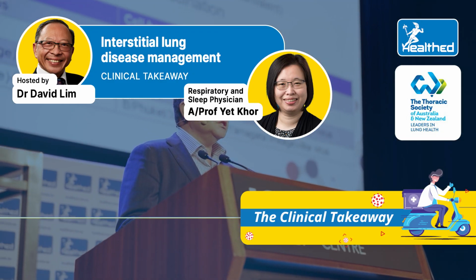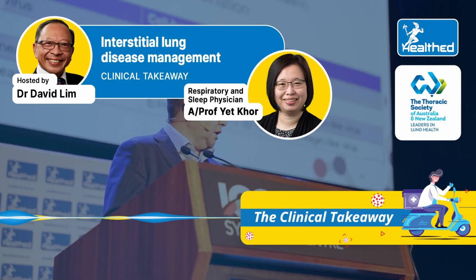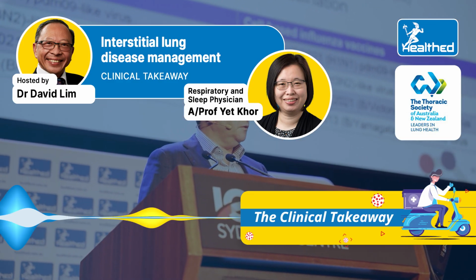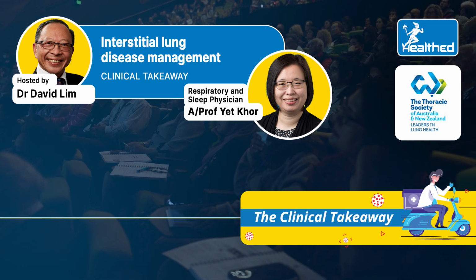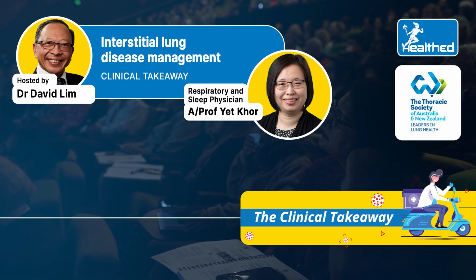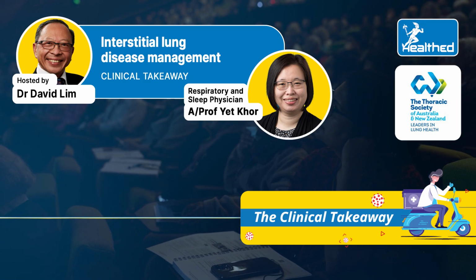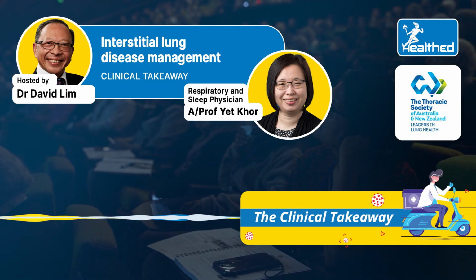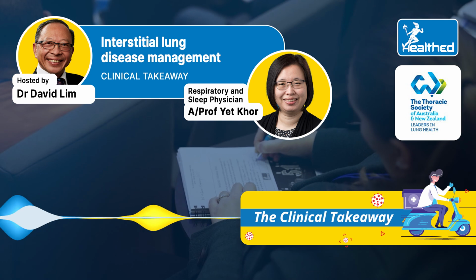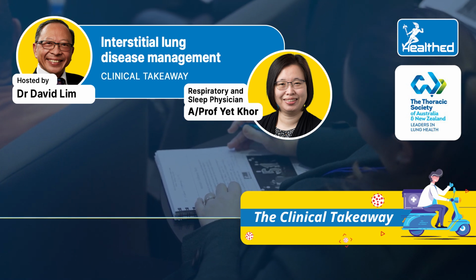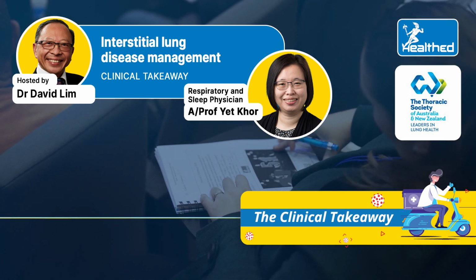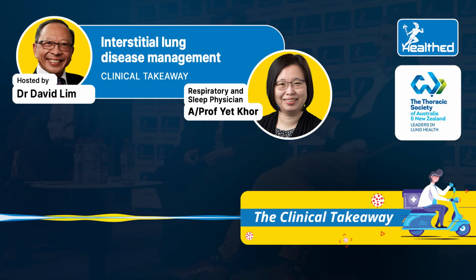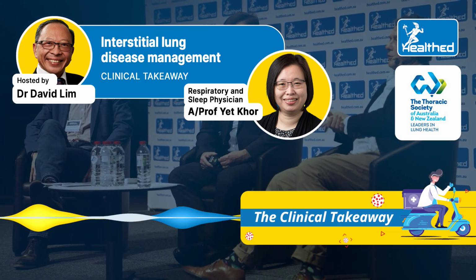Now, as a whole, how common are these diseases and what's the natural history of it? So definitely it's not as common as COPD or asthma. That would be the bread and butter that you see on a daily basis. The exact prevalence is unknown, but it's estimated that around 8 to 10,000 people living in Australia are affected by idiopathic pulmonary fibrosis by itself, and it will be a bigger group if we take into account all the other interstitial lung diseases as a broader group.